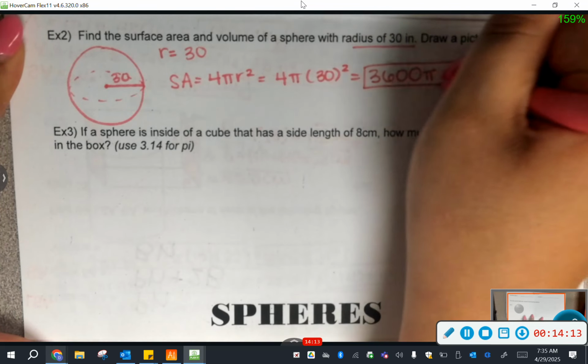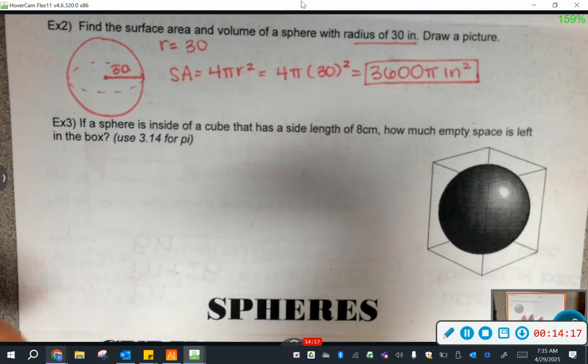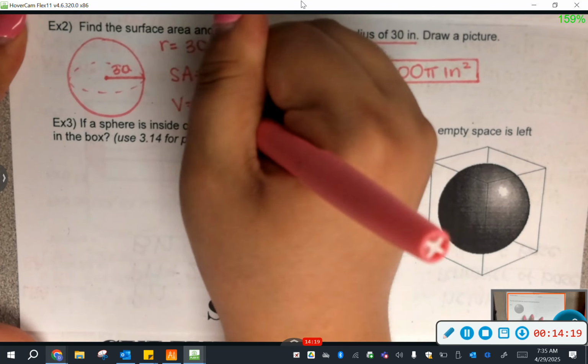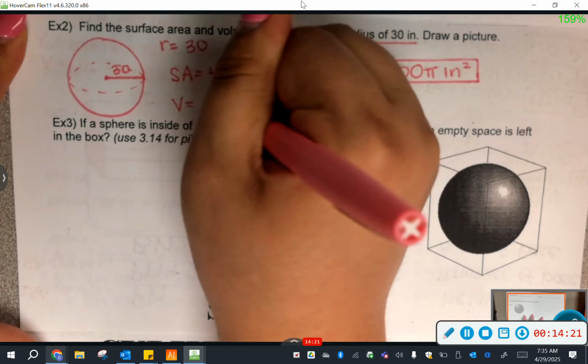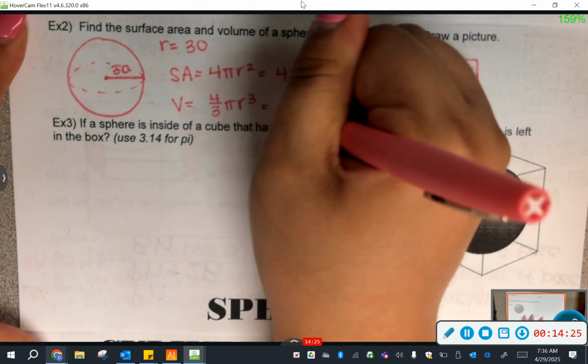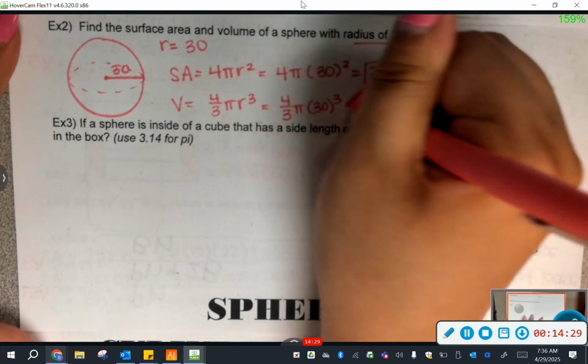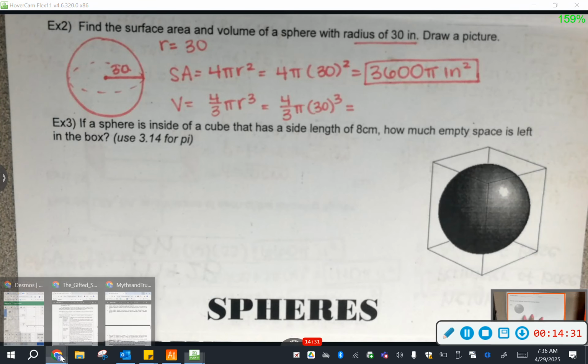We're just getting out yesterday's notes and continuing. For volume, you should have written 4/3 pi r cubed. 4/3 pi 30 cubed. And put that in the calculator.